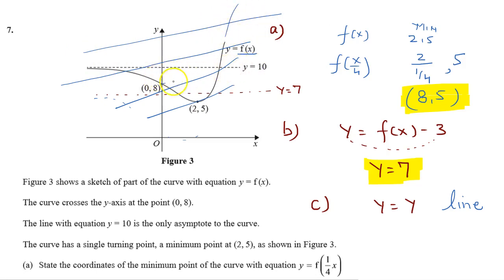So any line you can see that is from here up to here only, two places. So that is from 5 to 10.